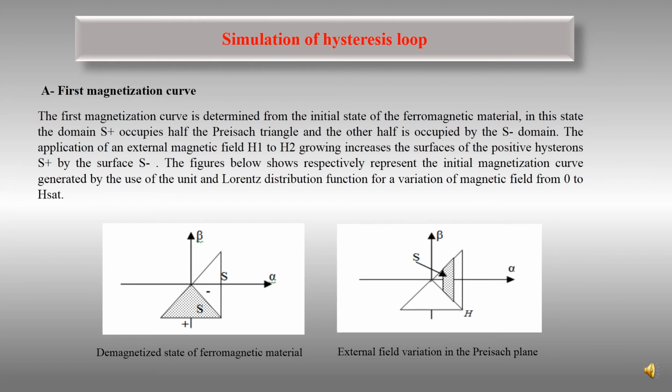The figures shown here respectively present the initial magnetization curve generated by the use of the unit and Lorentz distribution functions for a variation of magnetic field from 0 to the saturation magnetic field, H saturation.